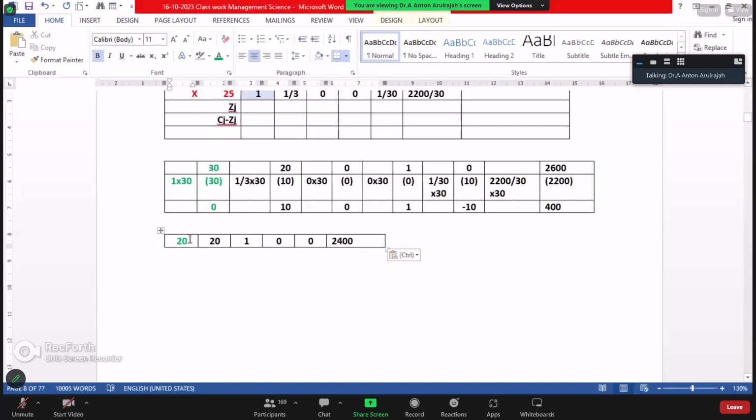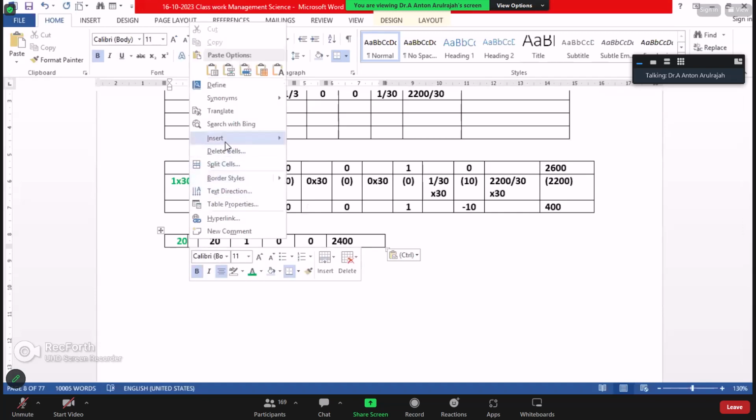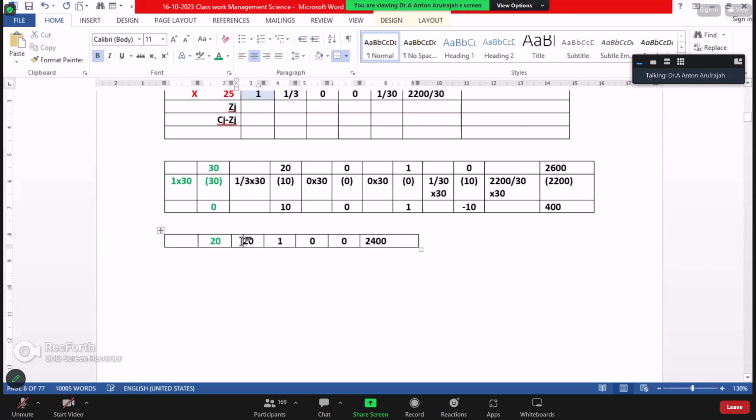I add the new column for the values on the left side.